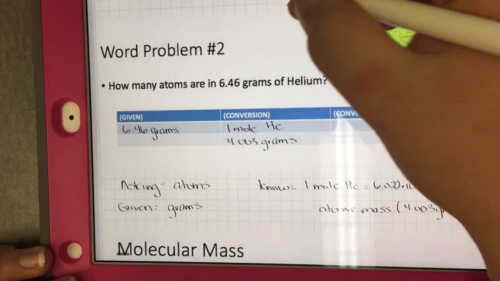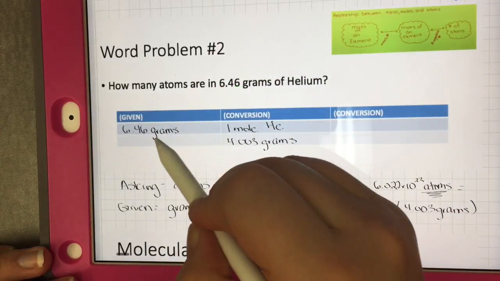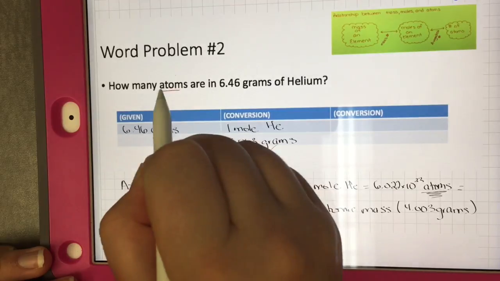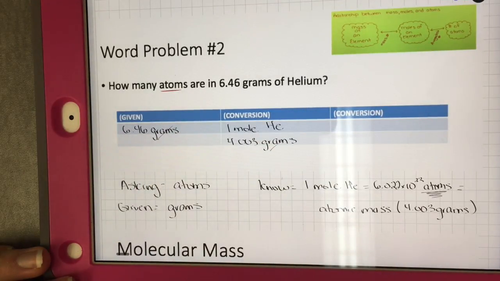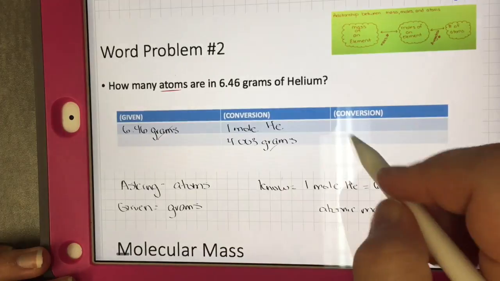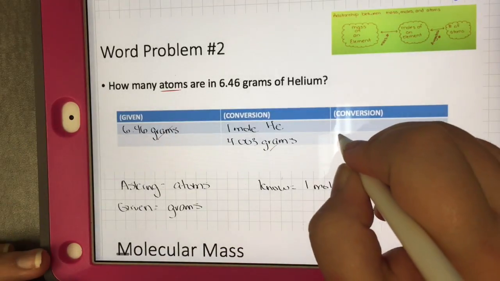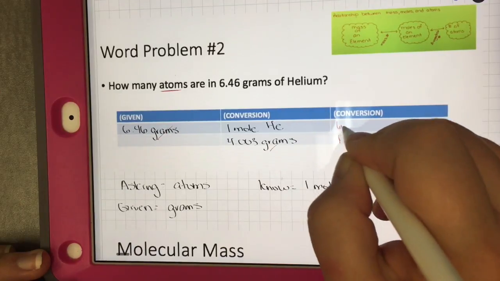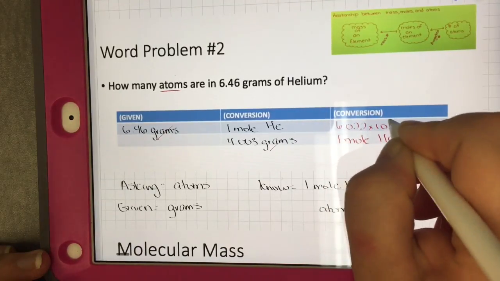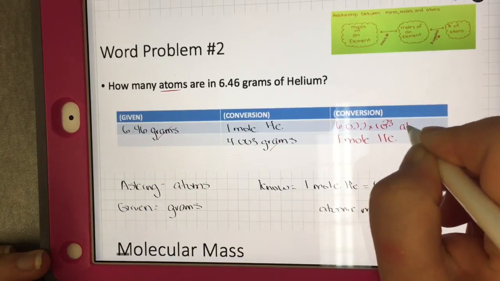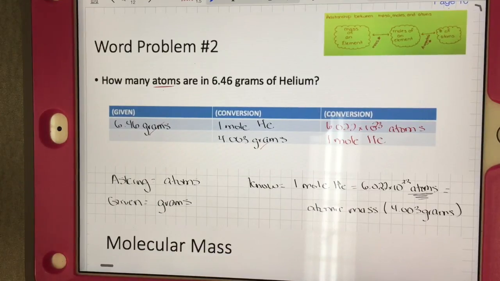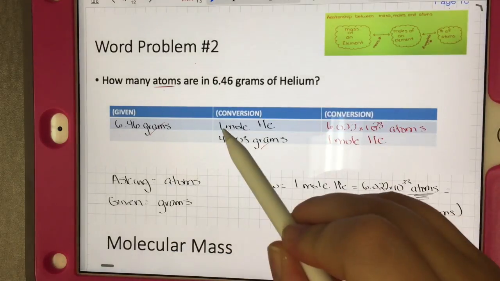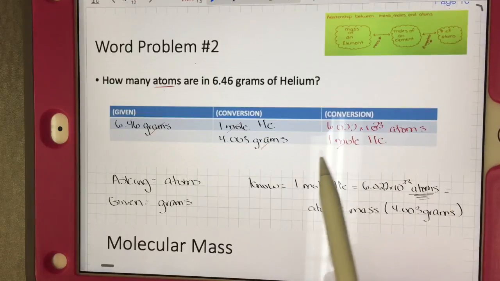Okay, well now our grams are canceling out. Well, that's good. But we're stuck with moles, and we're looking for atoms. And so in order for moles to cancel out, we need moles on the bottom, and we know that 1 mole of helium is equal to 6.022 times 10 to the 23rd atoms. Now we can see that all of our units are going to cancel and we're going to be left with atoms. Cross out our moles.